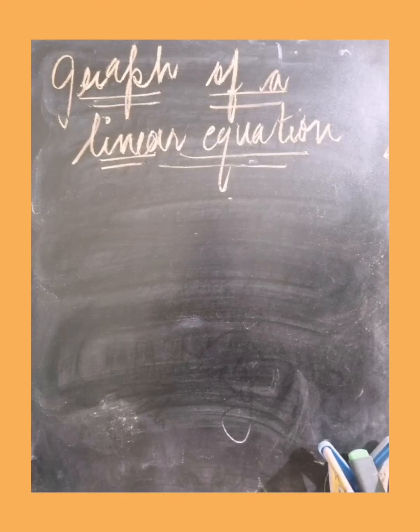Now we will learn the graph of a linear equation, which we have already done in Class 9th, in which we take different values of x and get the values of y, and we plot those numbers as coordinates, and then we join them and we get a straight line if it is a linear equation, right?